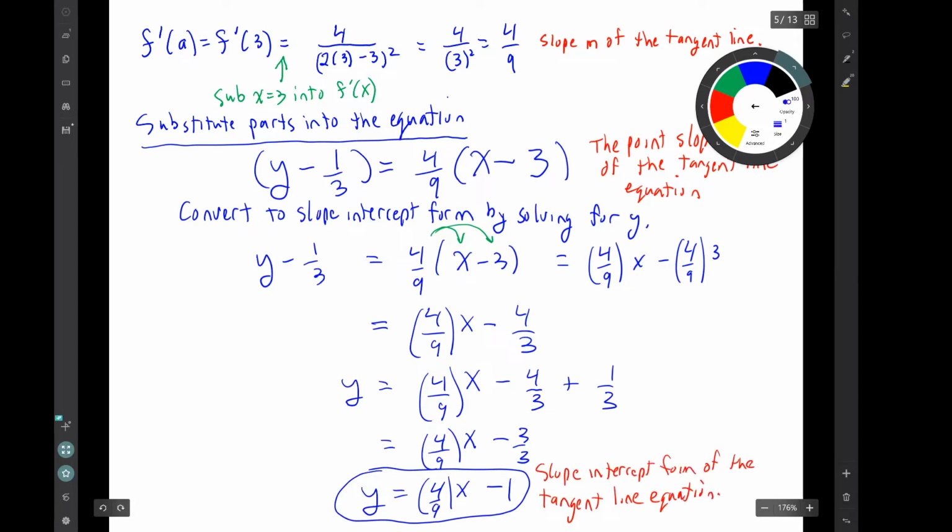And the result is the equation y equals 4/9 x minus 1. Now notice that we have to be careful. We have a fraction, 4/9, sitting next to something that's not a fraction, the x. So I put the 4/9 in parentheses to be clear, and also I made sure to write the x up on the baseline of that fraction, not down on the floor, not down with the 9.